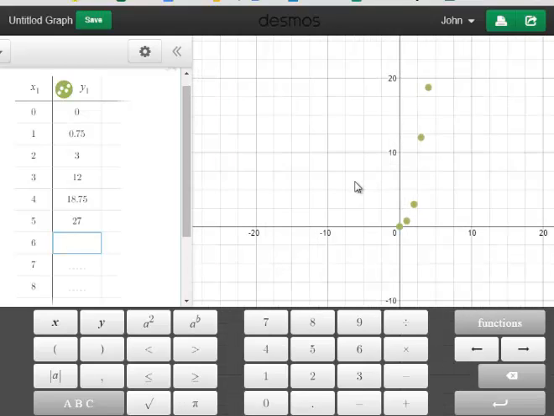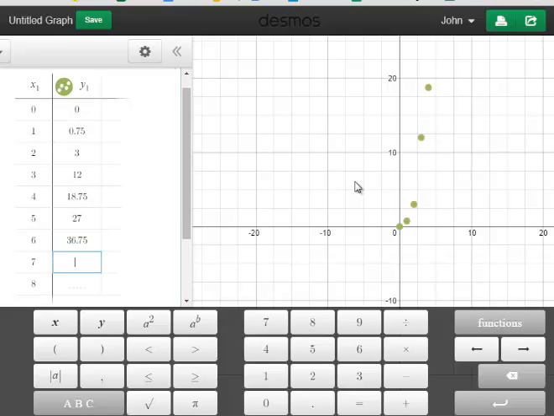You can see that it's forming more and more parabolic than definitely linear. So 27, I put that point in before, we got 36.75, and 40, I think I made a mistake. Let me look at the data.